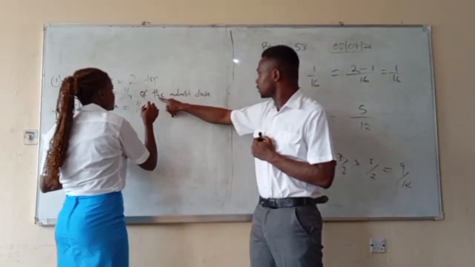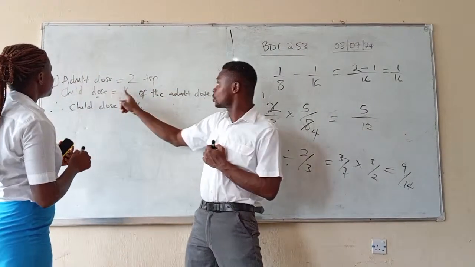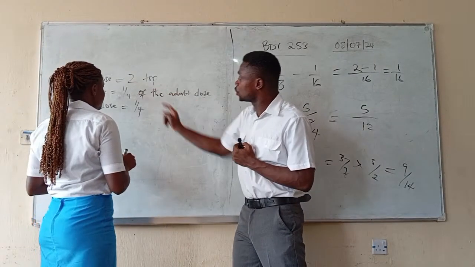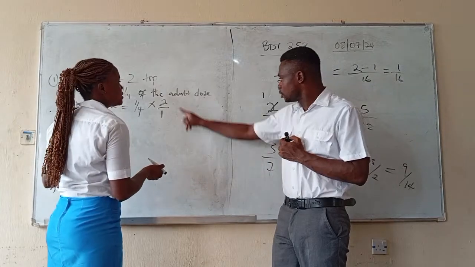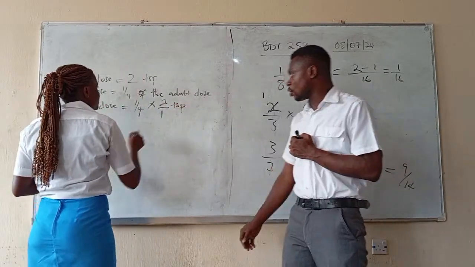You replace the adult dose, because you have already told the examiner what the adult dose is, with 2 teaspoons times what? Put your TSP. Then continue.